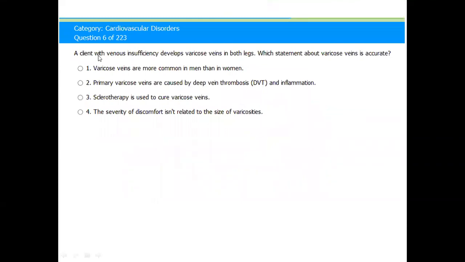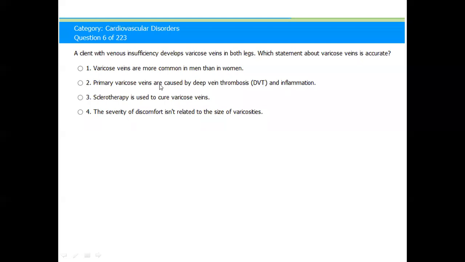The client with venous insufficiency develops varicose veins in both legs, varicosity, tortuosity of the veins because of venous insufficiency. Which statement about the varicose vein is accurate? Varicose veins are common in men rather than women.